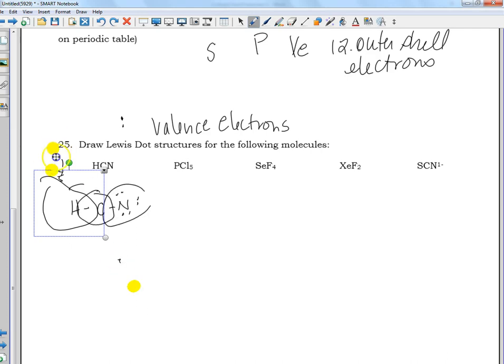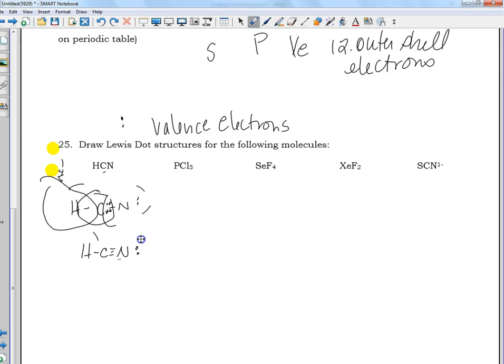We're going to move these 2 electrons here and these 2 electrons there. So we end up with something that looks like this. Now we have 2 electrons around our hydrogen, our carbon has 8 electrons, and our nitrogen has 8, so everyone is happy.